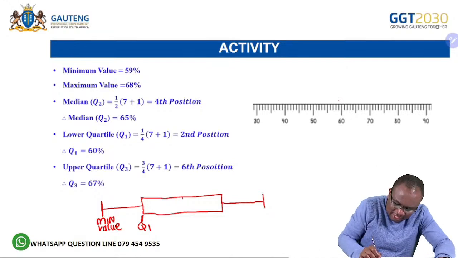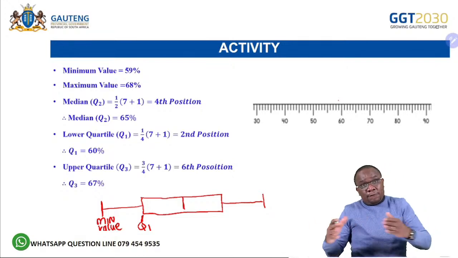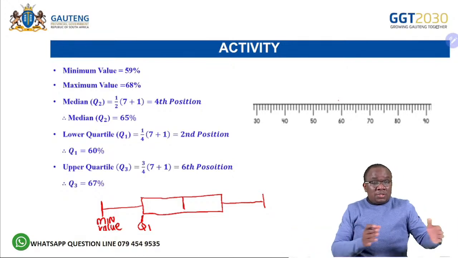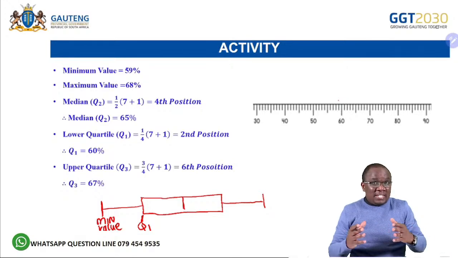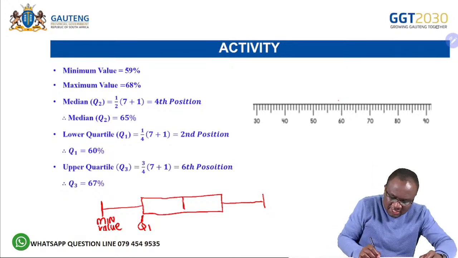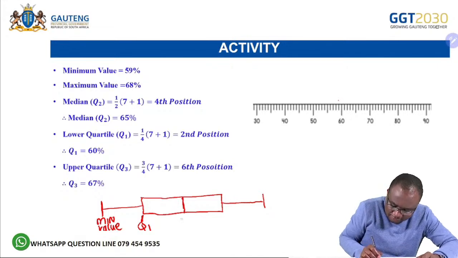And then there at the center, it cannot be at the center sometimes. It can be sort of shifted towards the right or shifted towards the left. We're going to talk about the skewness of data later, okay? So it's not always at the center. So here between Q1 and Q3, we have what you call Q2, the median.